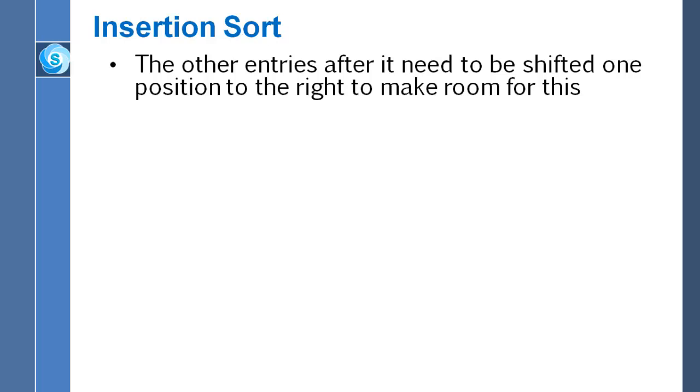We figure out where to put the entry in position I, but then we carefully, and I mean carefully, shift things so that the other numbers move into the positions where they belong, and we do that in the right way so as not to overwrite any information. And if you think about it, that means that the shifting 1 position to the right has to proceed in a right to left manner. And you're going to see this in a moment in the example, so I'm not going to dwell on it here.